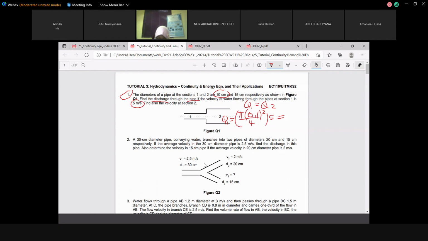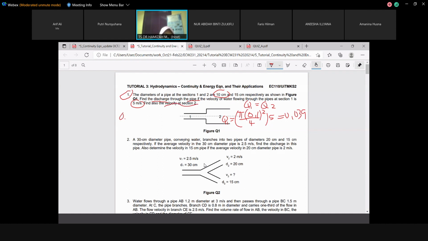Dapat tak? Dapat ke? Dapat 0.039. Okay, so now you can calculate the V, velocity at section 2.